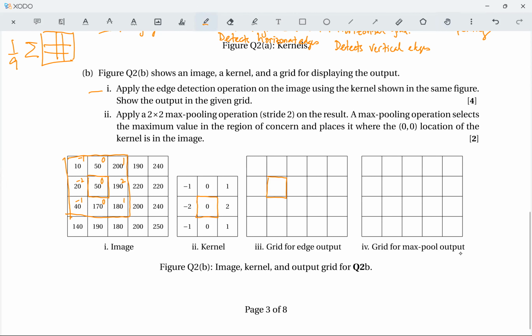So a little bit of a manipulation to do there. The answer would be 200 plus twice 190 plus 180 minus 10 minus 2 times 20 minus 40.